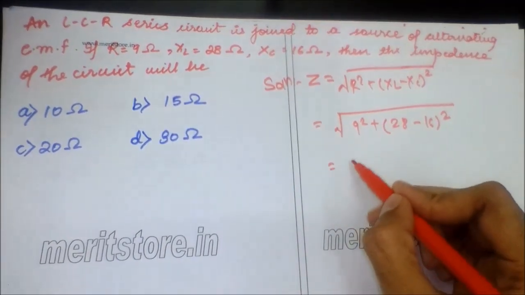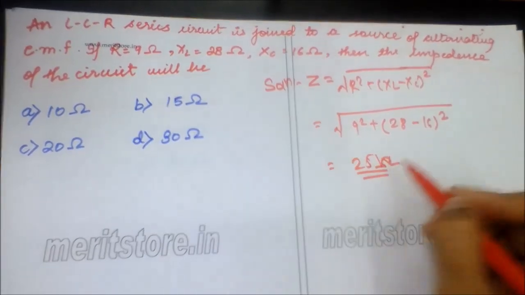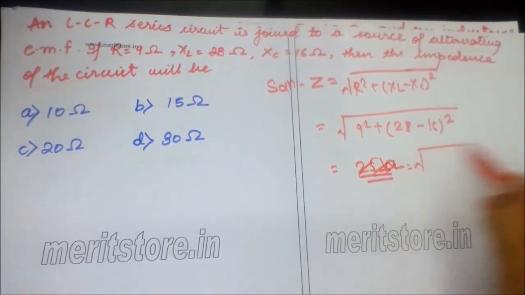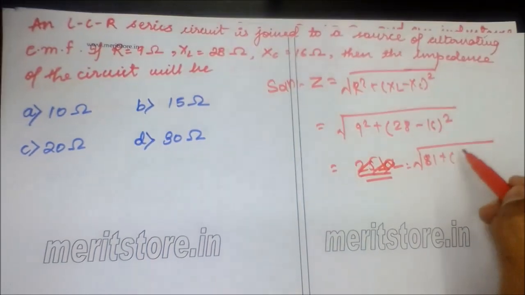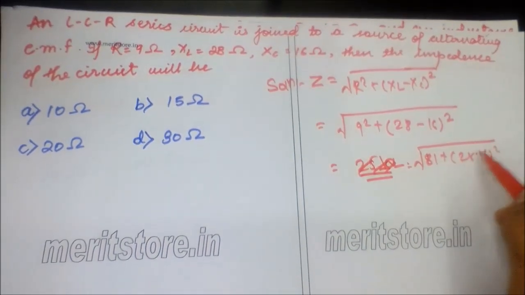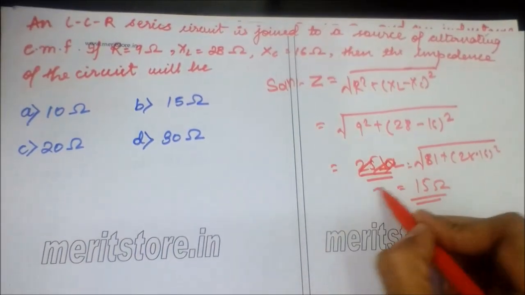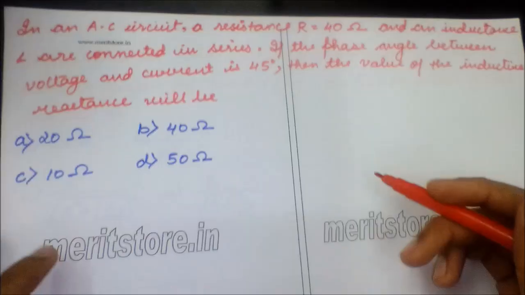So the answer comes out to be 25 ohms. Sorry, wait a second, let's solve this. It is 81 plus (28 minus 16) the whole square, that will give you 15 ohms. So the impedance given here is 15 ohms, so B is the correct option.